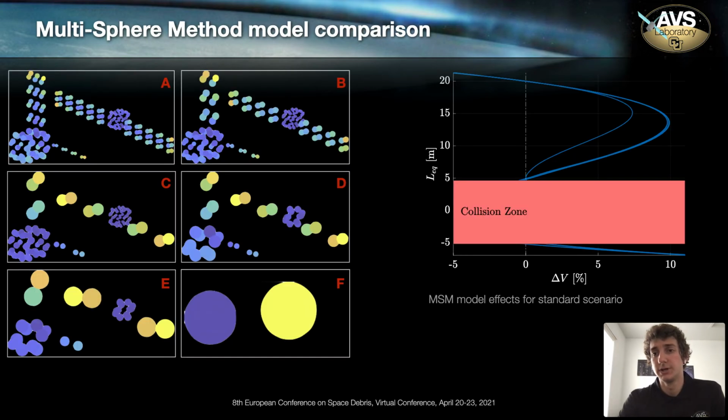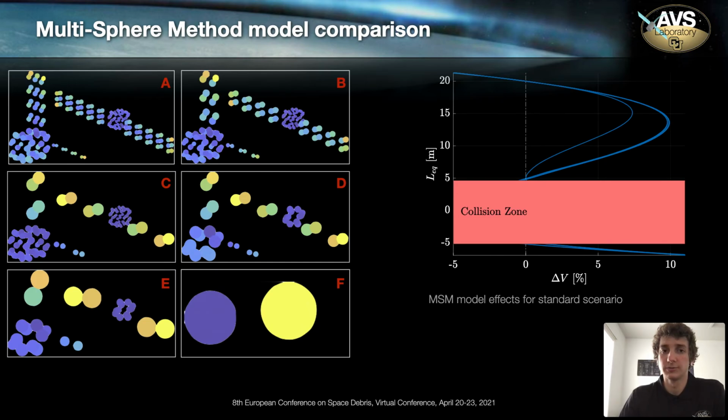So last, we compared different multisphere method models. In all the figures that I've shown so far, we've used a debris model that consists of 80 spheres and a servicer that consists of 108 spheres.